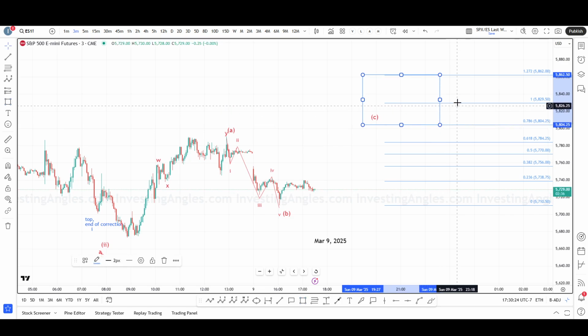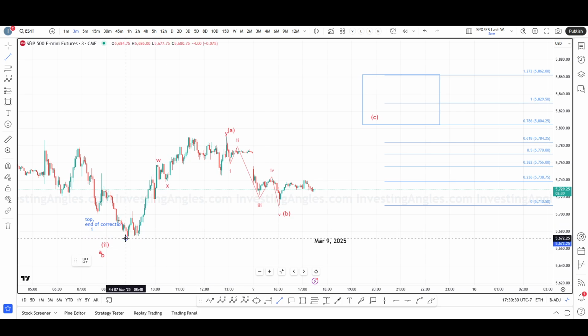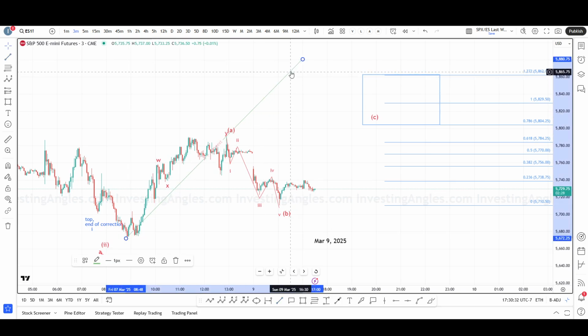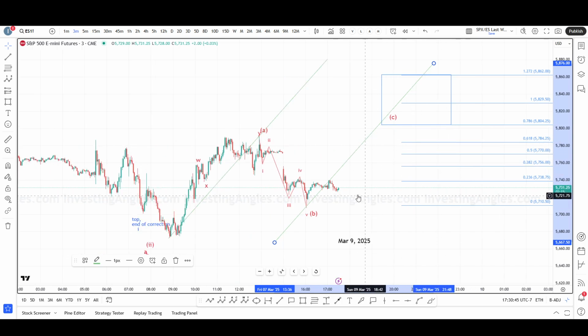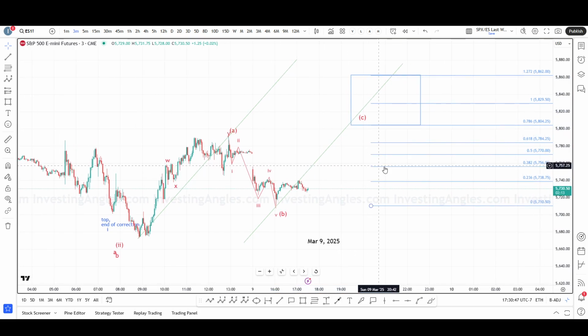This is for an impulsive structure, and we can approximately measure this perspective. So maybe if it goes like this, this would be, well, this is futures. It's very difficult to measure it here because this wave can be extended too much.